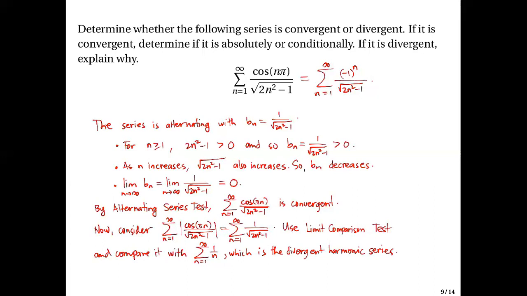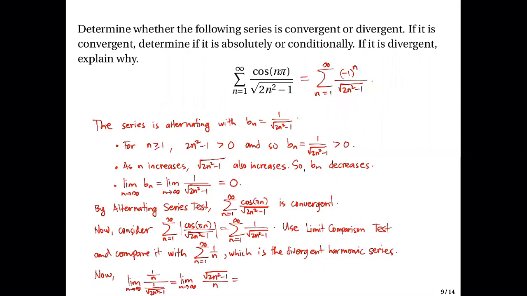Now we take the limit of 1 over n all over 1 over square root of 2n squared minus 1 as n approaches infinity. This is equal to the limit as n approaches infinity of square root of 2n squared minus 1 over n.